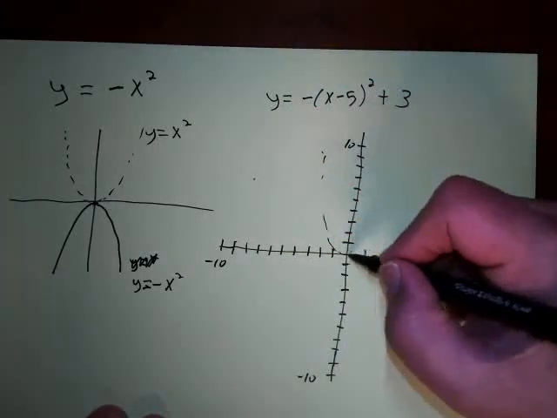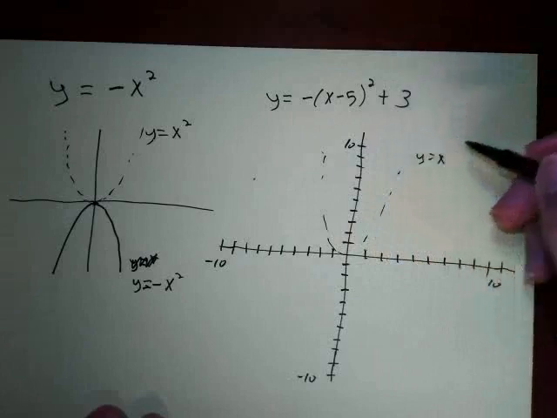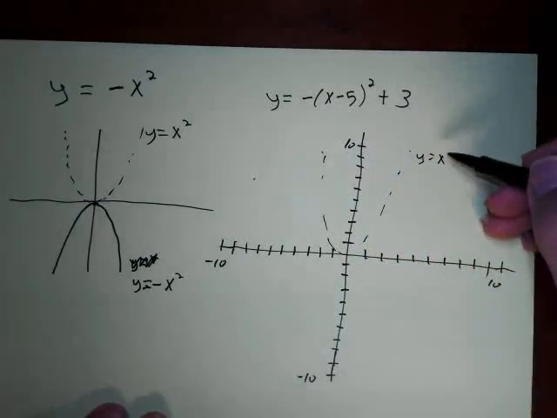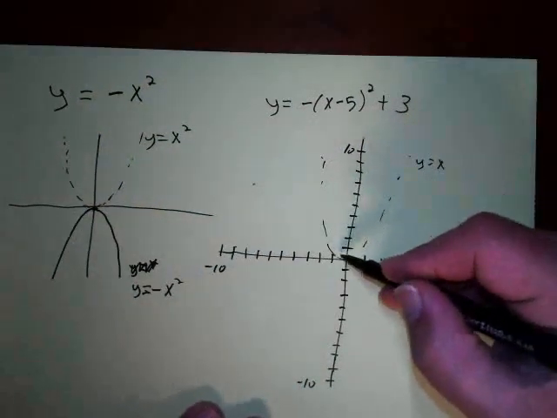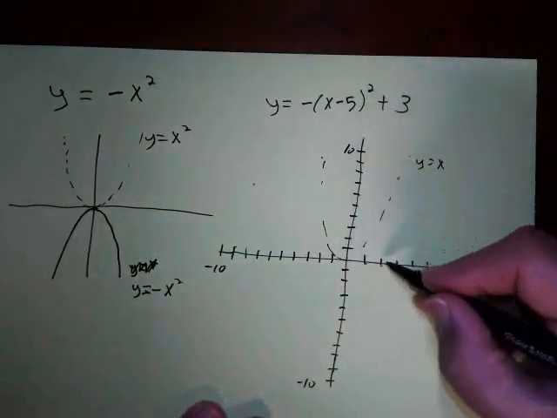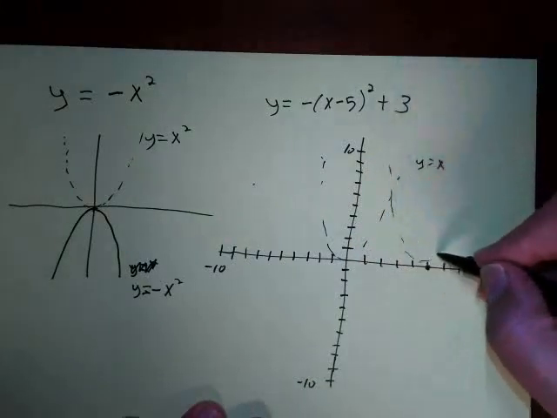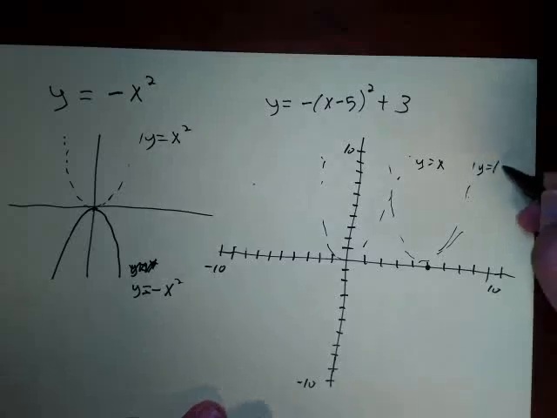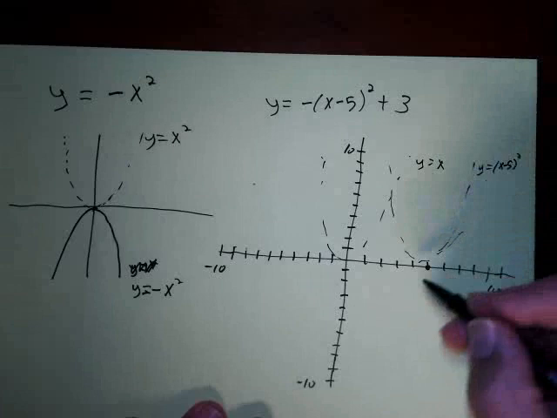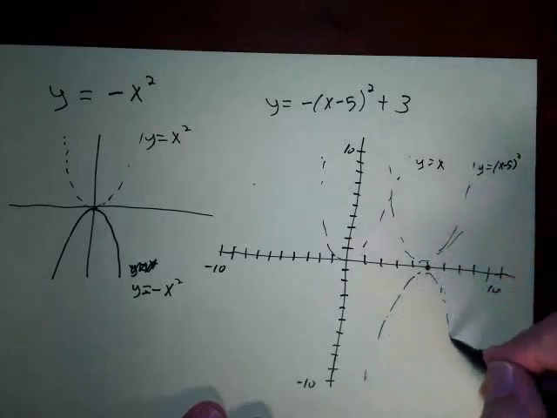So this would be like the y equals x squared. Okay. And then I could shift this over. That's inside the parentheses. I'm going to shift it to the positive side. 1, 2, 3, 4, 5. So it's like right here. Right? And this would be like y equals x minus 5 squared. And then I can flip that upside down. That's the next thing being done.